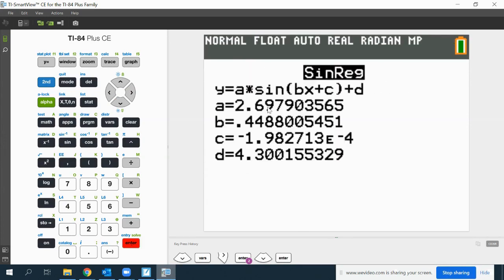Then this ends up being my sinusoidal regression equation. Notice that A is in front, B is here, C is here, and D is here. Also notice when you have something like negative 1.982713 e to the negative 4, that's negative 0.000198.